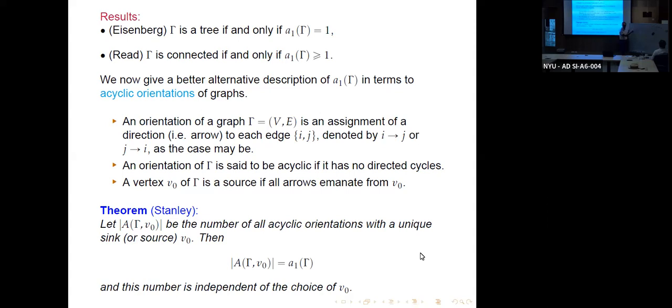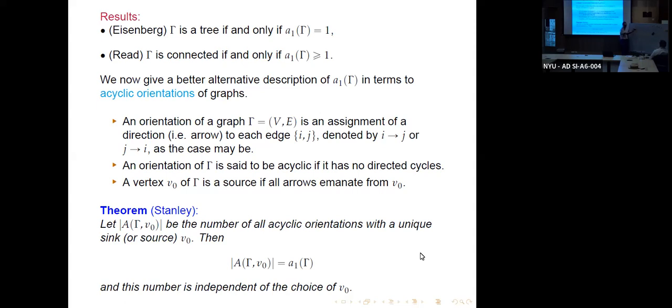And you put arrows, so it's an orientation. Among these orientations, you will avoid having a cycle. So this orientation is not a good orientation.